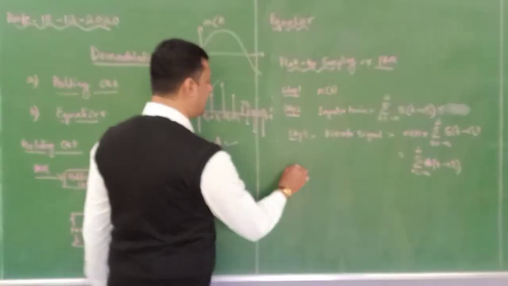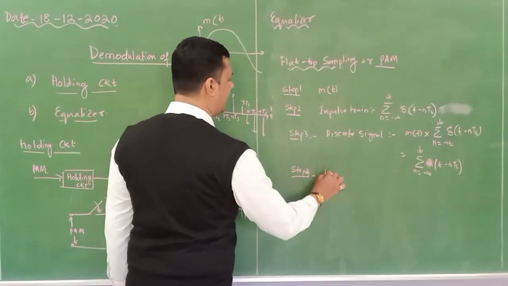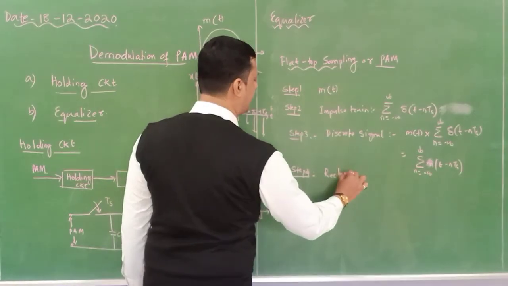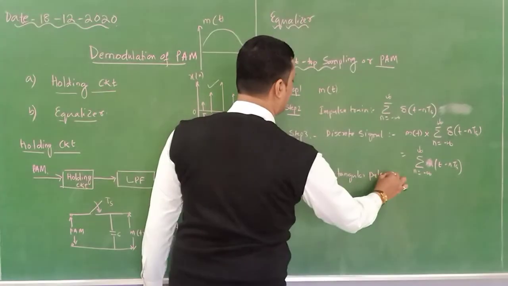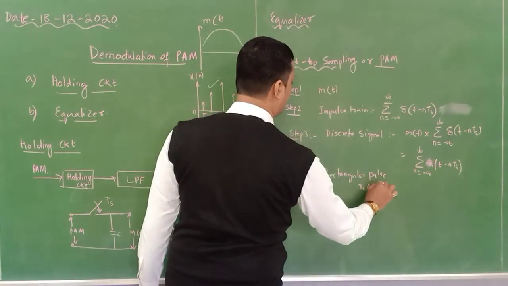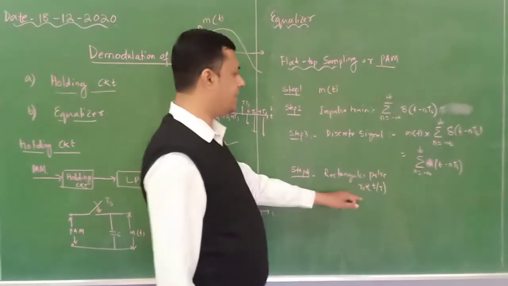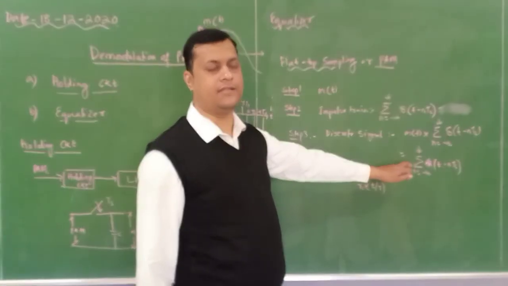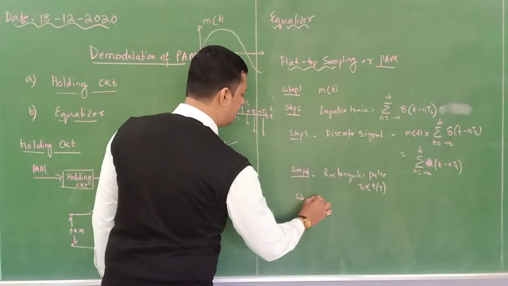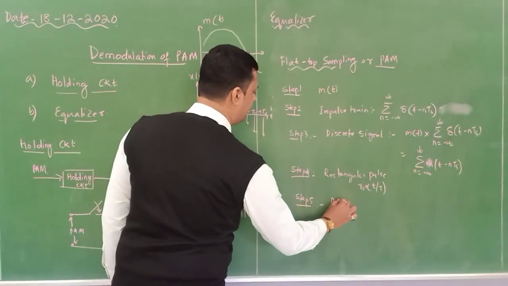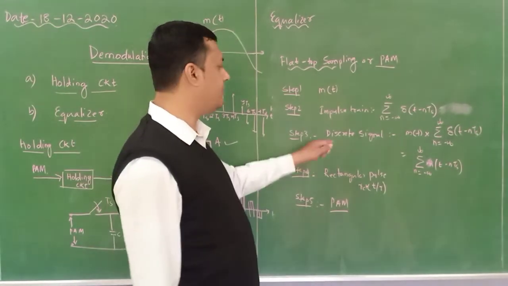Now to this, step 4, we are using a rectangular pulse. That is called rect of t by tau. This rectangular pulse is multiplied with this instantaneous sample, and at step 5, we are getting the pulse amplitude modulated signal. So how many steps are there?